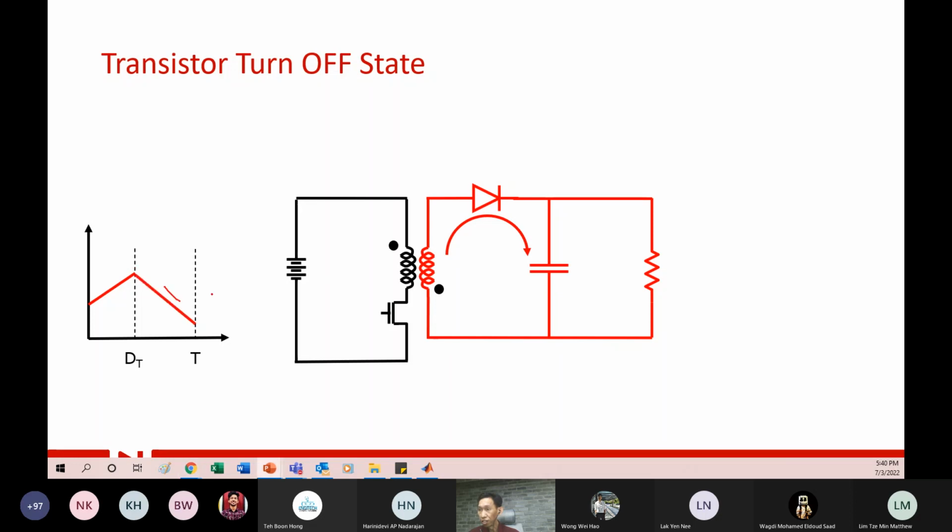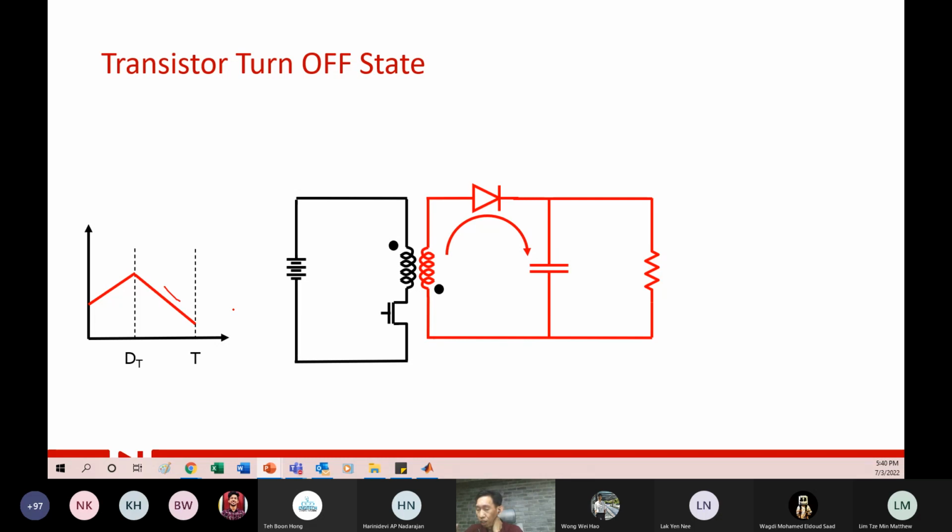Then again, charge. If I keep this thing on, it will not discharge. The energy will be stored here. But the moment I turn it off, the energy will discharge. So there will be energy stored here and there.